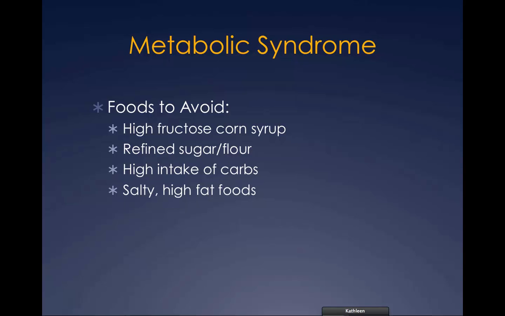So we have to change, and we have to encourage and motivate and multiple times talk to patients about changing their diet and the contents of their diets to avoid adverse effects of this hyperinsulinemia that is caused by high fructose corn syrup, refined sugar, flour, high intakes of carbs, salty food, high fat foods.